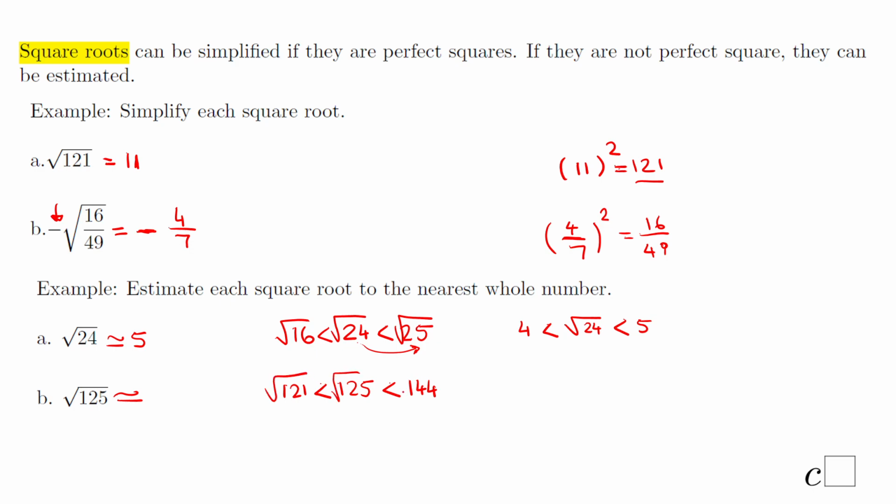I'm going to take the square root, and I'm going to have 11 less than the square root of 125 less than 12. So the square root of 125 is a number between 11 and 12, and of course, since 125 is closer to 121, I will approximate this one as 11.